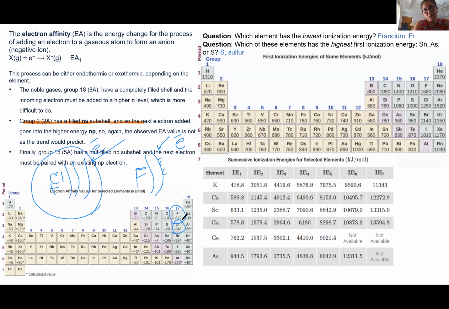That's why fluorine releases less energy compared to chlorine.